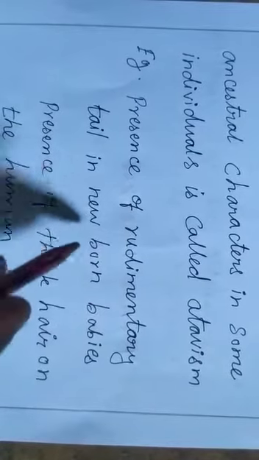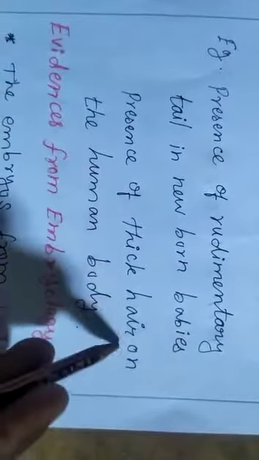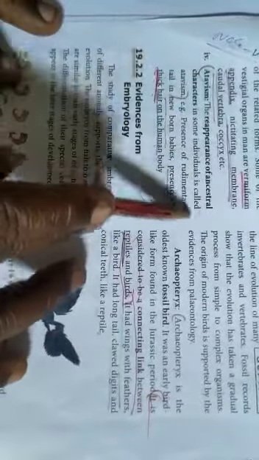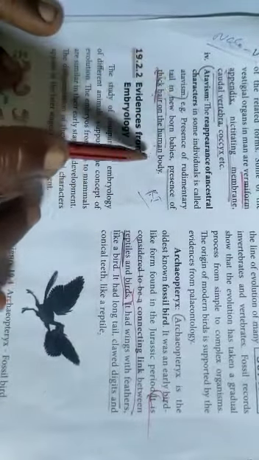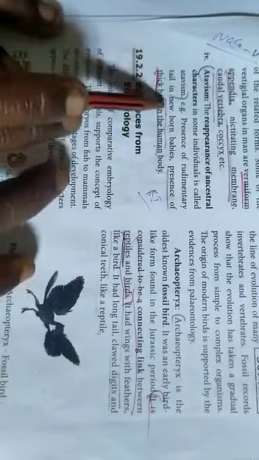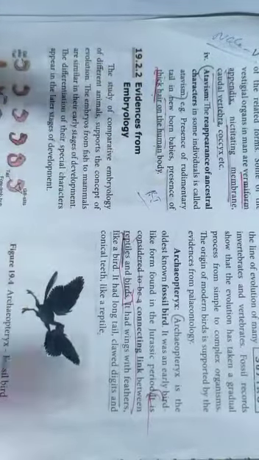Rudimentary means undeveloped growth. Another example is the presence of thick hair on the human body. This is atavism.